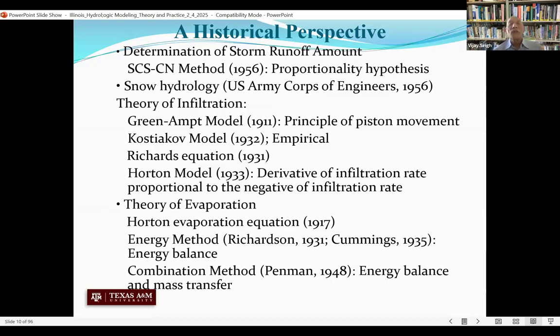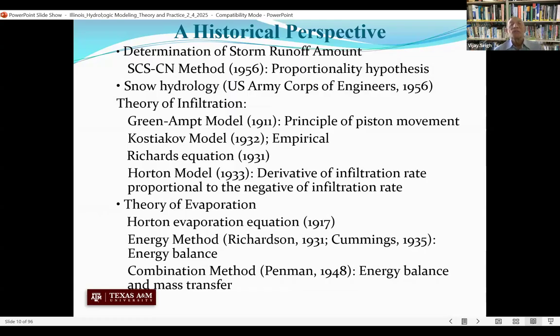But then the theory of infiltration was developed by Green and Ampt, and now it is called the Green-Ampt infiltration model. That was in 1911, based on the principle of piston movement. And Kostiakov developed an empirical relation in 1932.